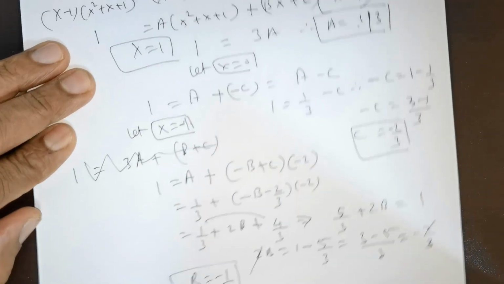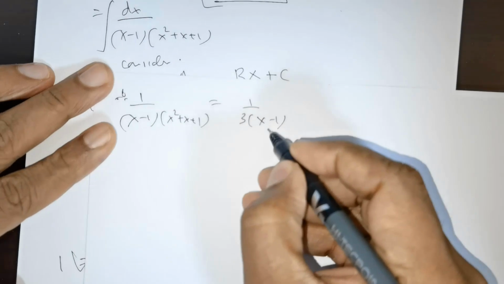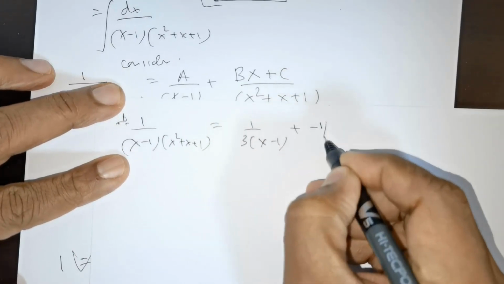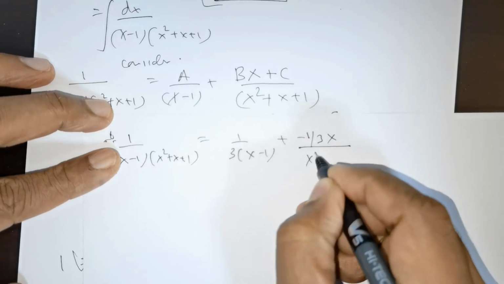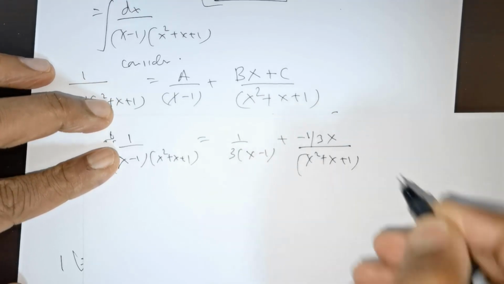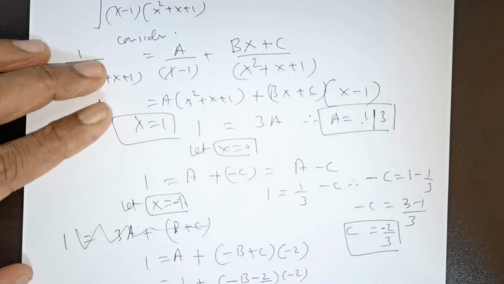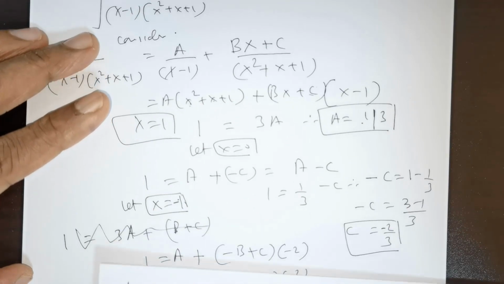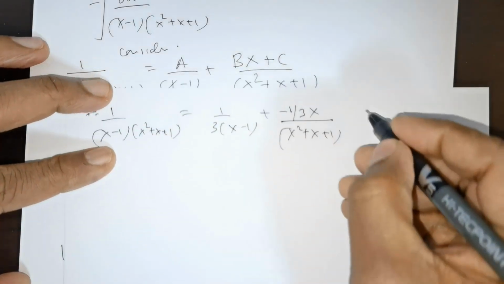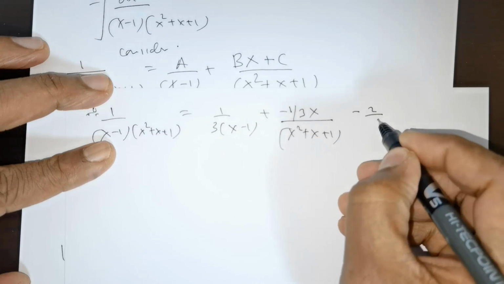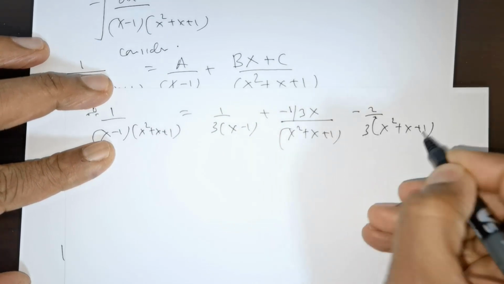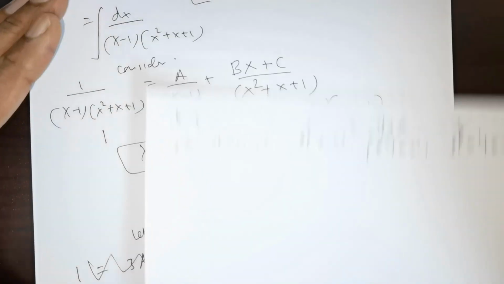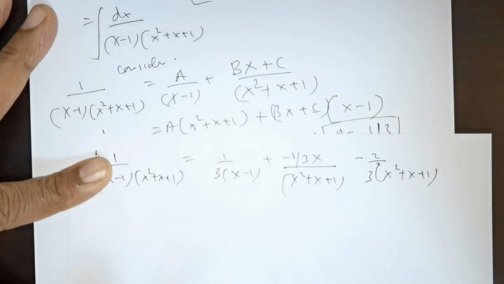And b is negative 1 over 3, so negative 1 over 3 times x divided by x squared plus 1, and c is negative 2 over 3, so negative 2 over 3 times 1 over x squared plus 1.